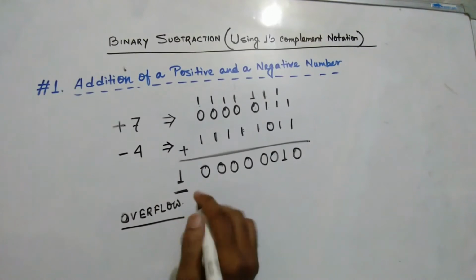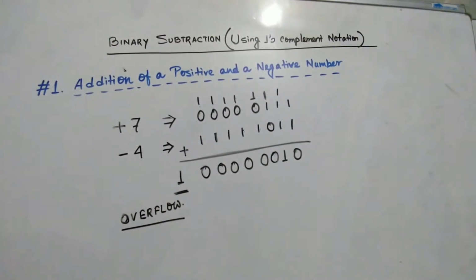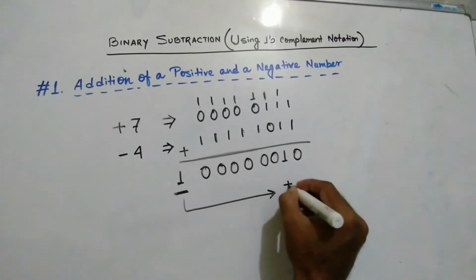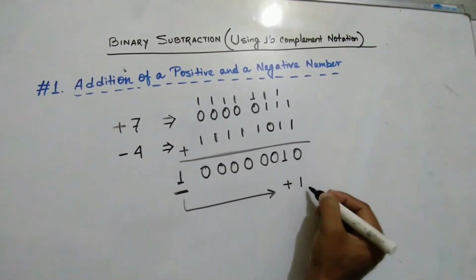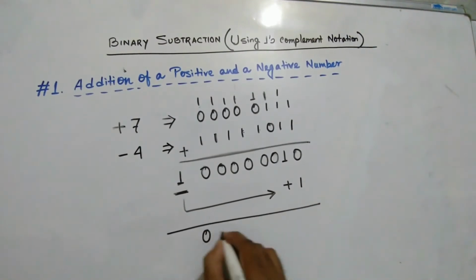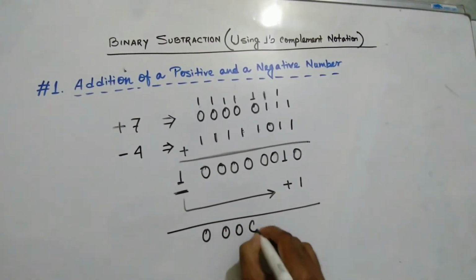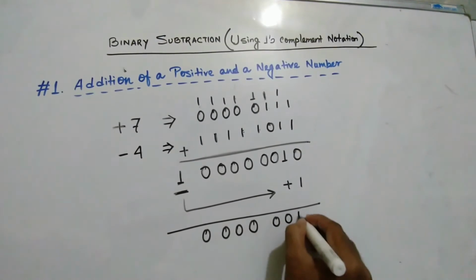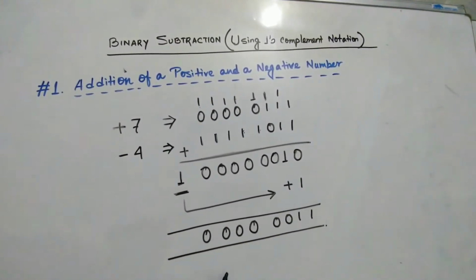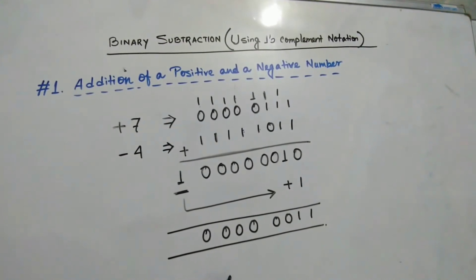So this one will be added to the least significant bit. Here the least significant bit is 0 in the sum, and again the result will be 0 0 0 0 0 0 1 1.